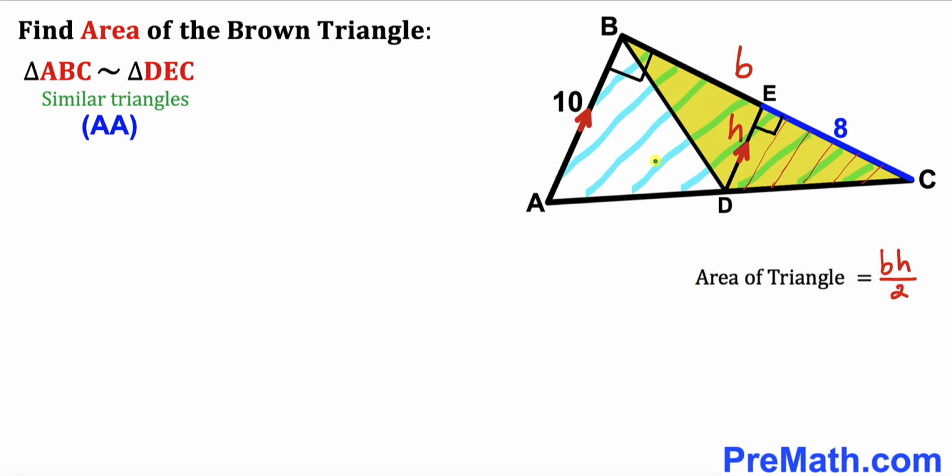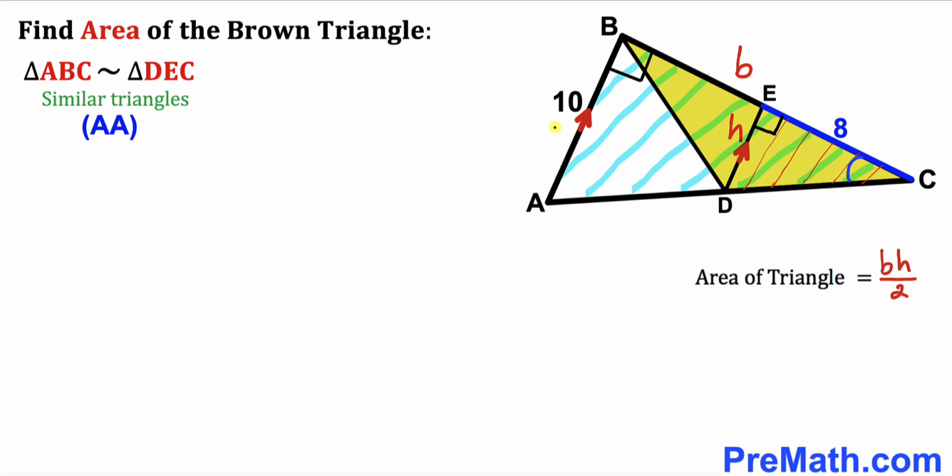And now we can see that this big right triangle ABC is similar to this smaller right triangle DEC according to the angle similarity theorem, since this is our common angle for both of these triangles, and moreover this angle is 90 degrees and this angle is 90 degrees as well.